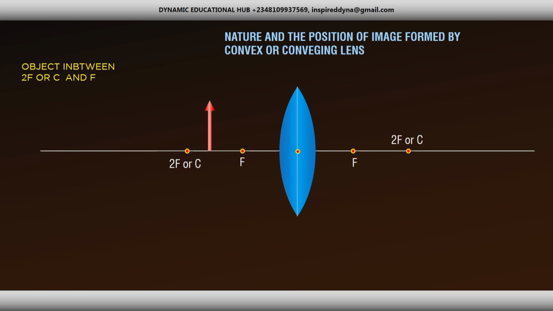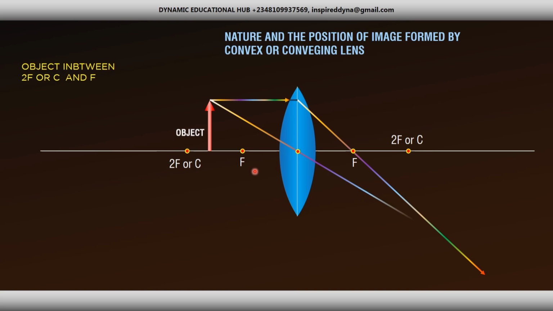The next one, when the object is placed in between 2F or C and F, as shown in between the two, where will the image be formed? Now let's draw our ray, converge, moving like this. Now we see the intersection here as well. What did you observe here?